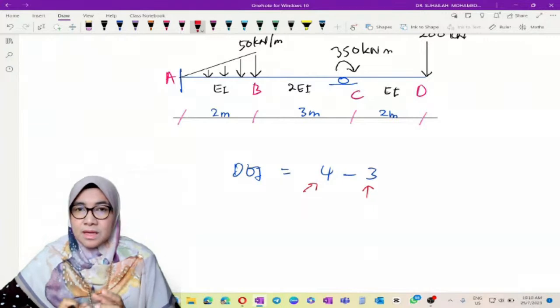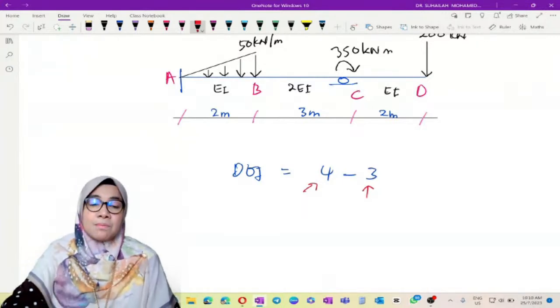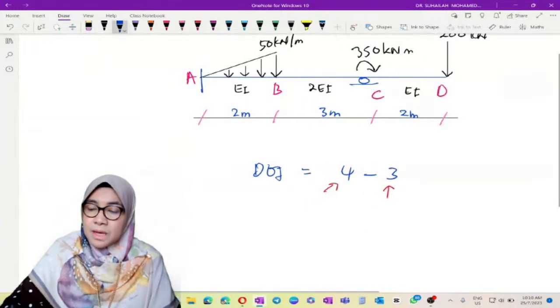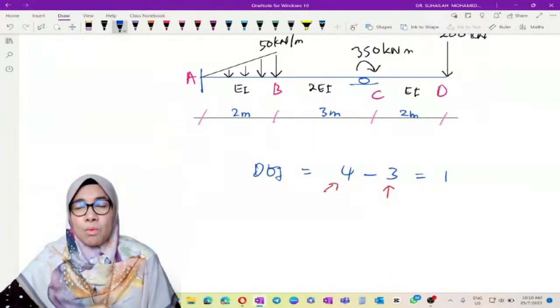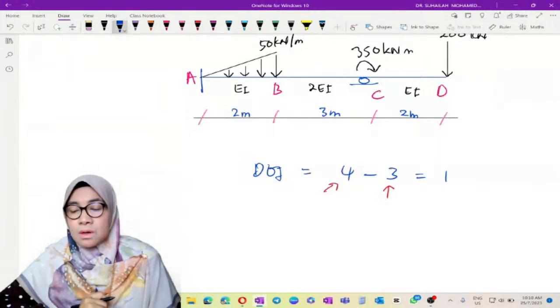This difference gives us the number of redundants in the system, and this is equal to 1.